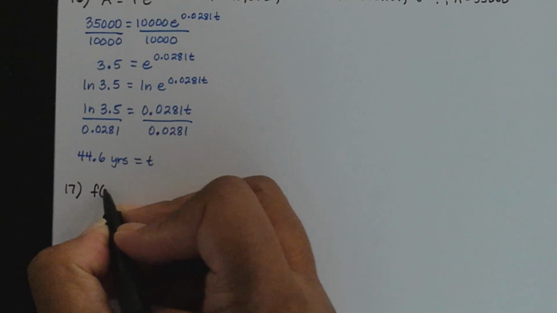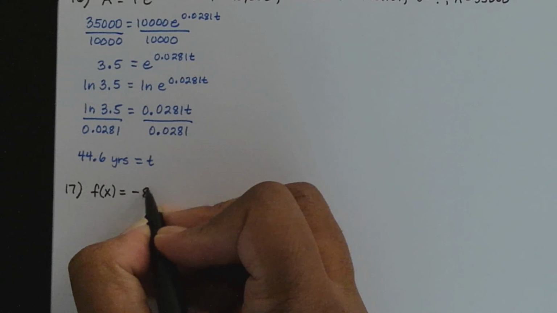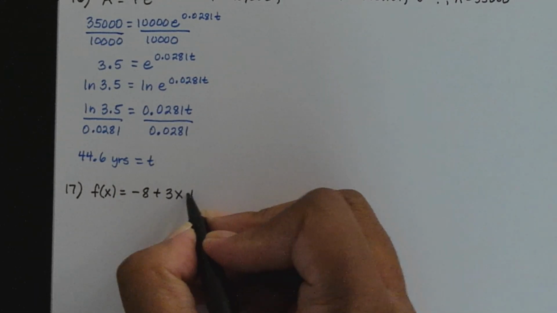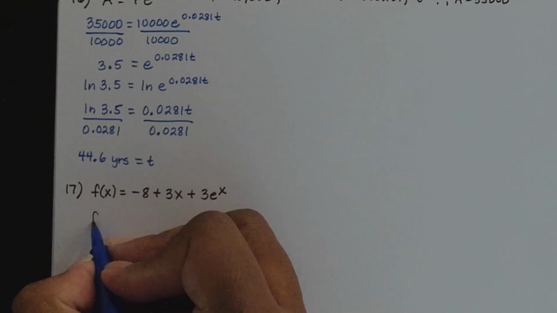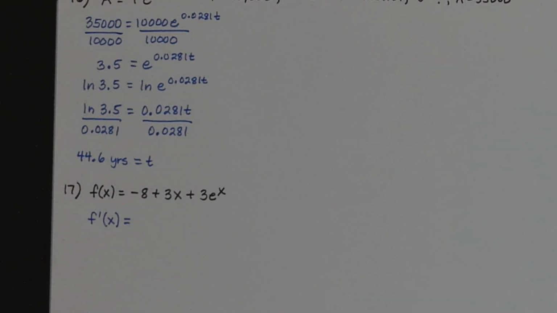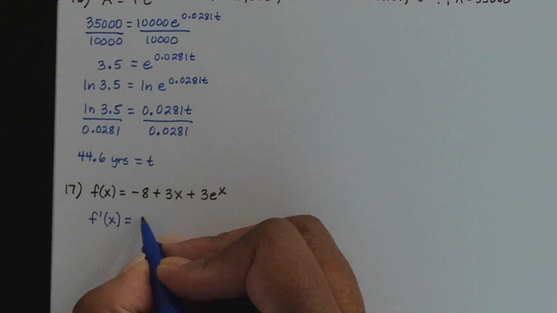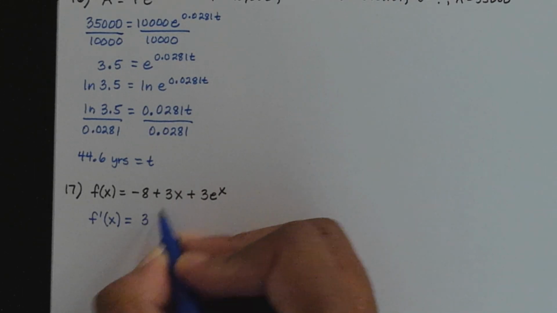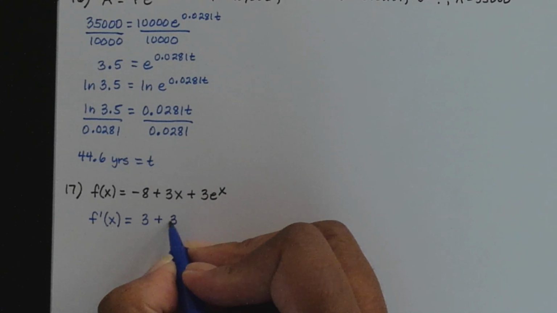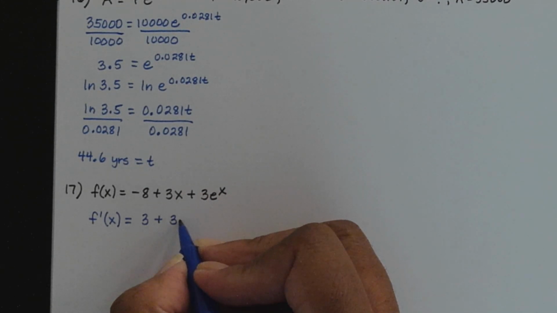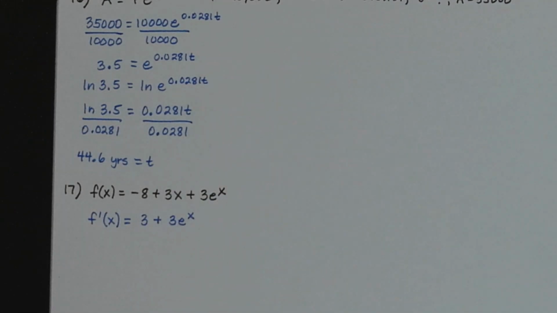We got the function f of x is equal to negative 8 plus 3x plus 3e to the x. And these are just exponential and logarithmic functions that we're finding derivatives of. So for this, what would f prime of x be? 3 plus 3x. The derivative of 3x is 3, but for 3e to the x, we bring down the 3, but what's the derivative of e to the x? Same thing, e to the x.